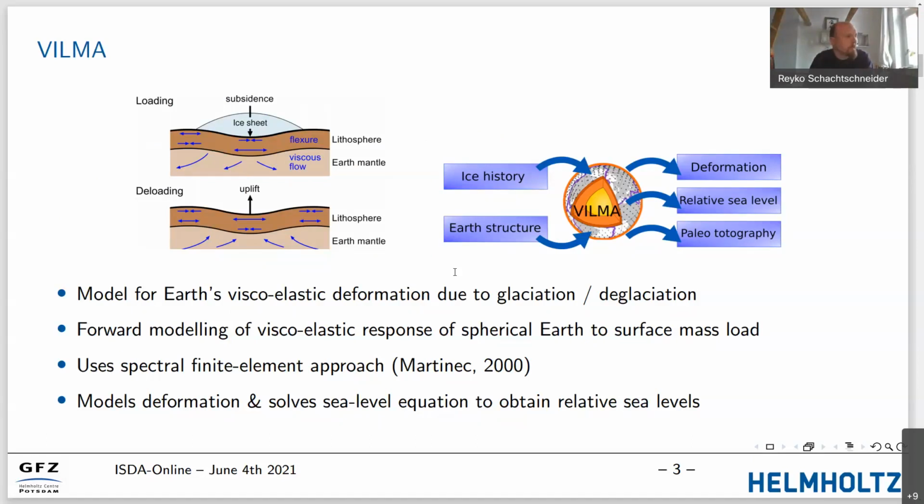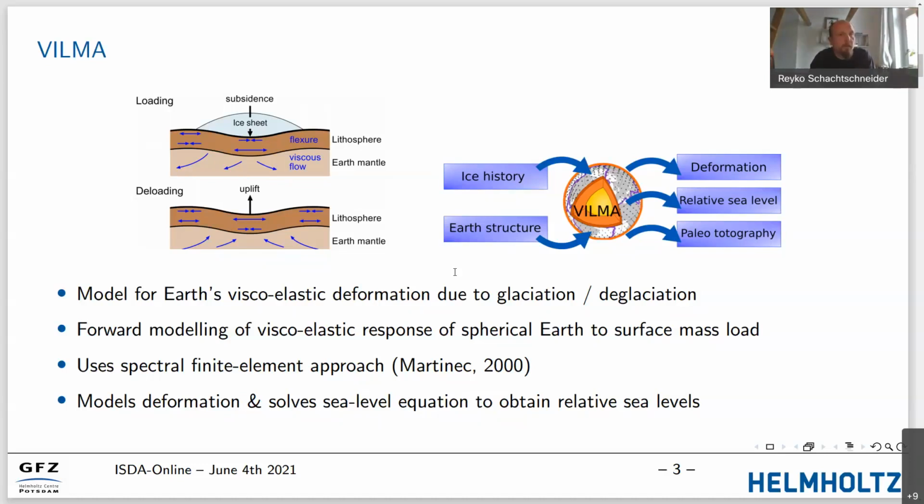In the opposite case, when the ice sheet melts, the lithosphere shows an uplift and mantle material flows from the sides towards the center of the uplift region.